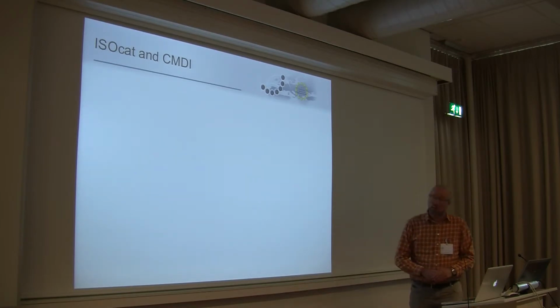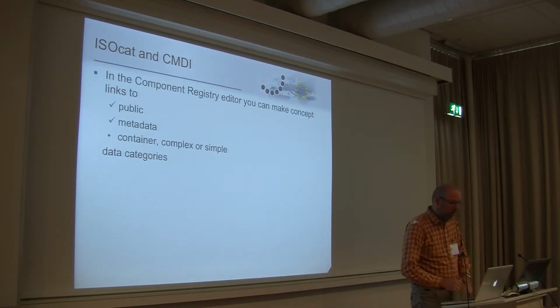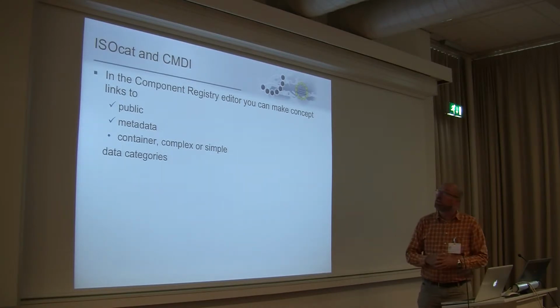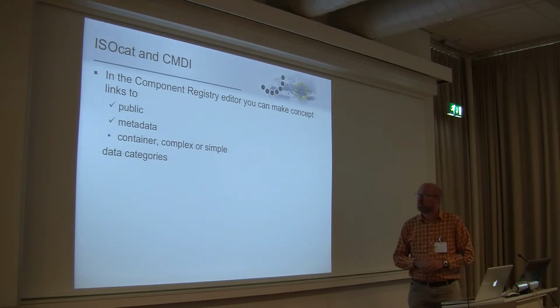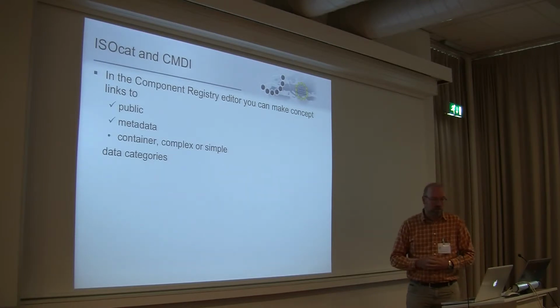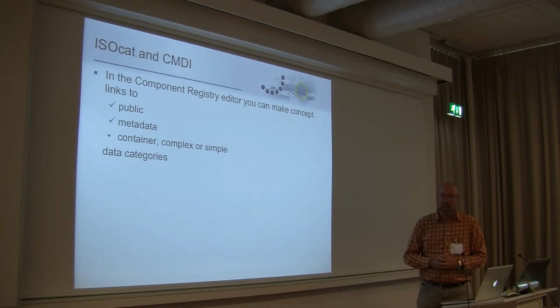So, ISOcat and CMDI. There is the component registry editor, and in the component registry editor you have to make concept links to make your semantics explicit. The data categories that you can reach from the component registry have to meet certain demands, so that you do not see all the data categories of ISOcat inside the component registry.